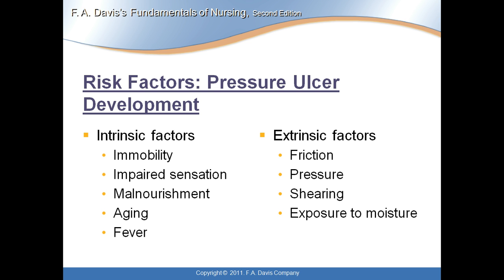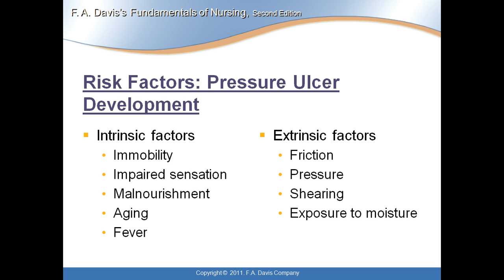Malnourishment, you need protein in order to prevent breakdown and also to promote healing. Aging, you're looking at the 70s, 80s, 90-year-old patients that just can't move real well. And then we have fever. They break that fever, they start to sweat.